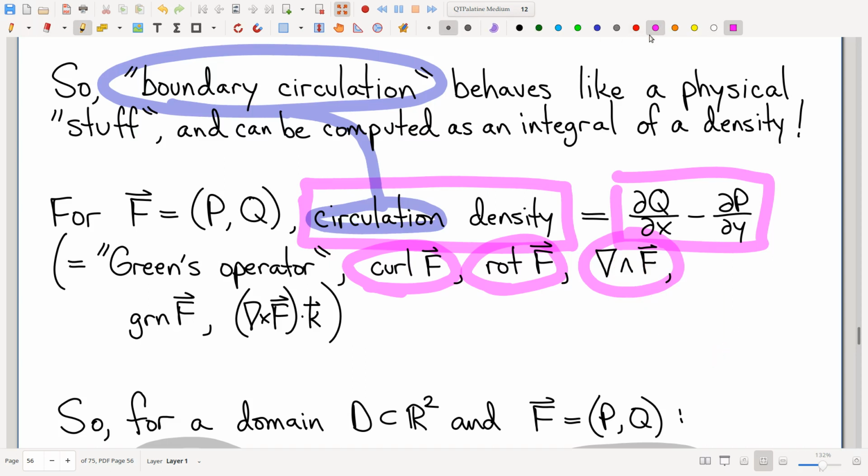Years ago, I liked the term Green's operator. We're about to write down Green's theorem. The operator in Green's theorem is this thing. So I liked the term Green's operator, and with that in mind, I started using this notation GRN to suggest Green's operator.